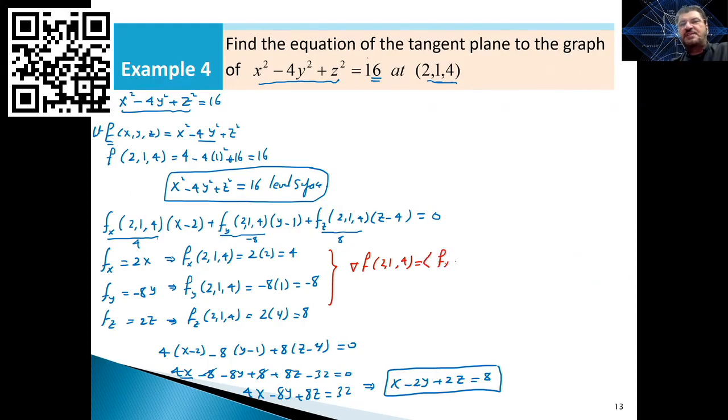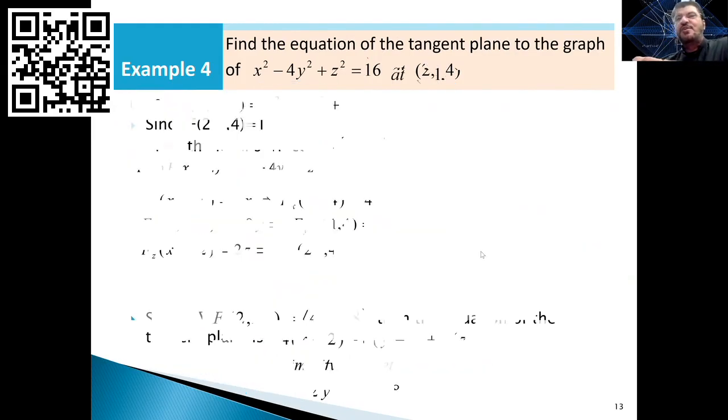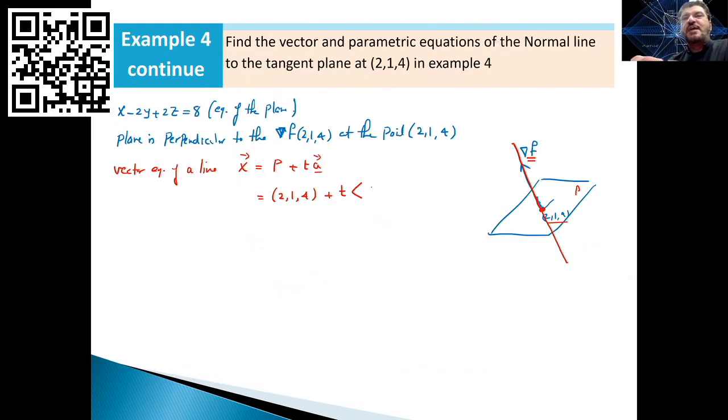It's fx, fy, and fz. And we got 8, -8, and 4. So this is the gradient, so I'm going to go here: 8, -8, and 4. This is exactly the vector equation of the line, because the line is passing through this point.